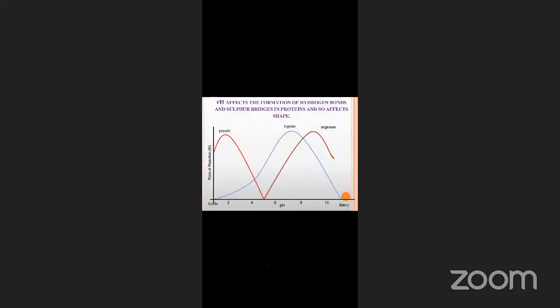Because enzymes also have ionizable groups, ionization and denaturation of the enzyme take place and it may lose activity. That's why every enzyme has an optimum pH. In the example, pepsin has an optimum pH around 2, trypsin around 7, and arginase around 9. So it will differ.